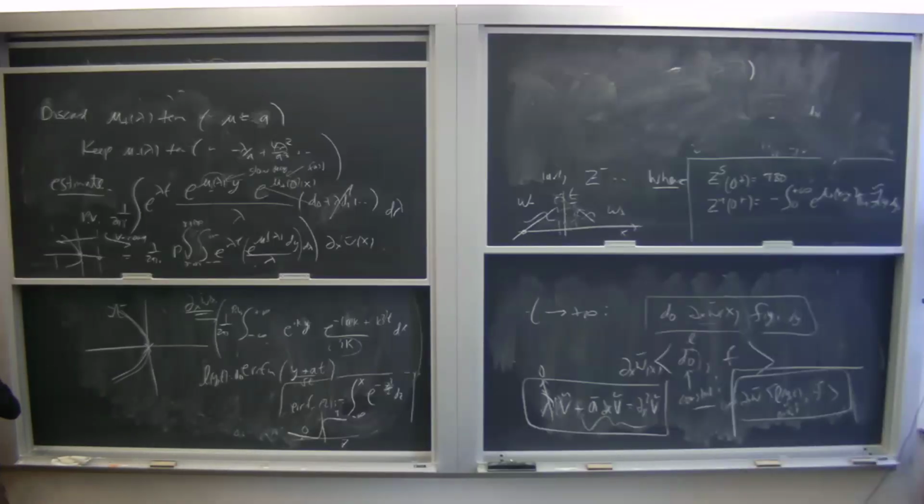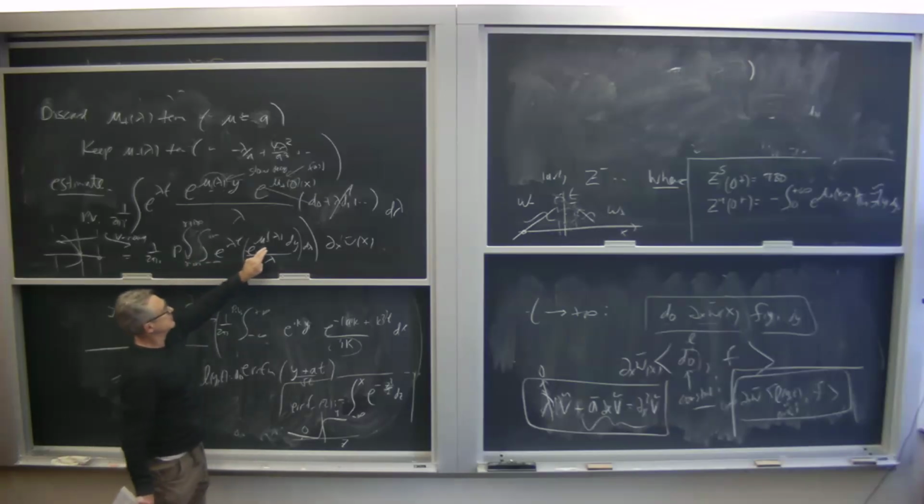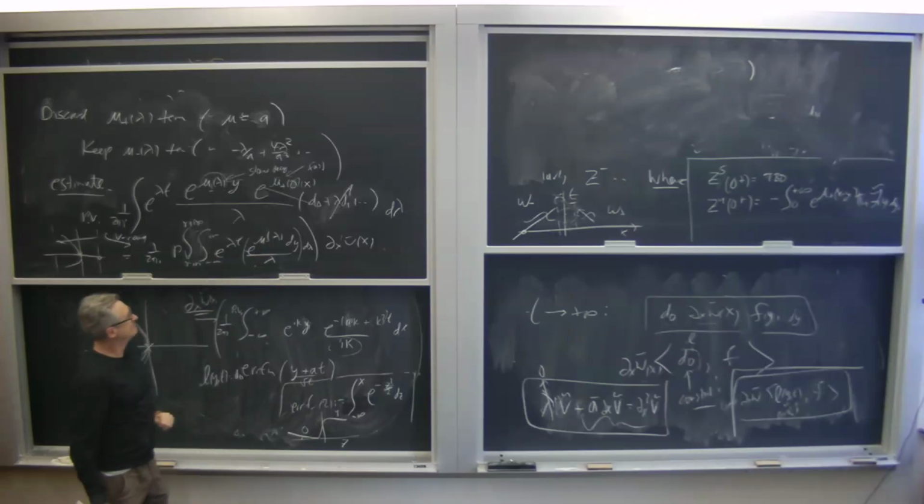Yes, the first term that I wrote. And I only took out one piece because there are many. This would be the minus lambda over a. So this is the growing, the unstable term, this mu minus times y.